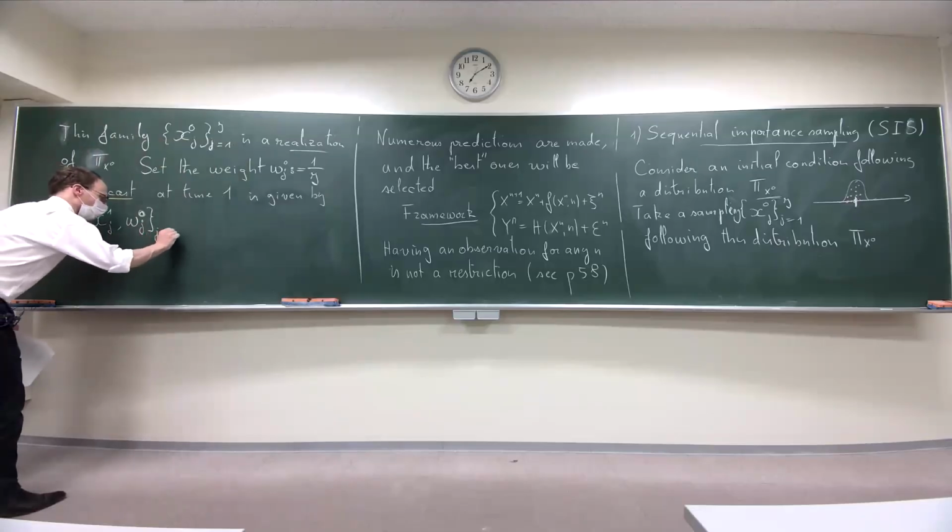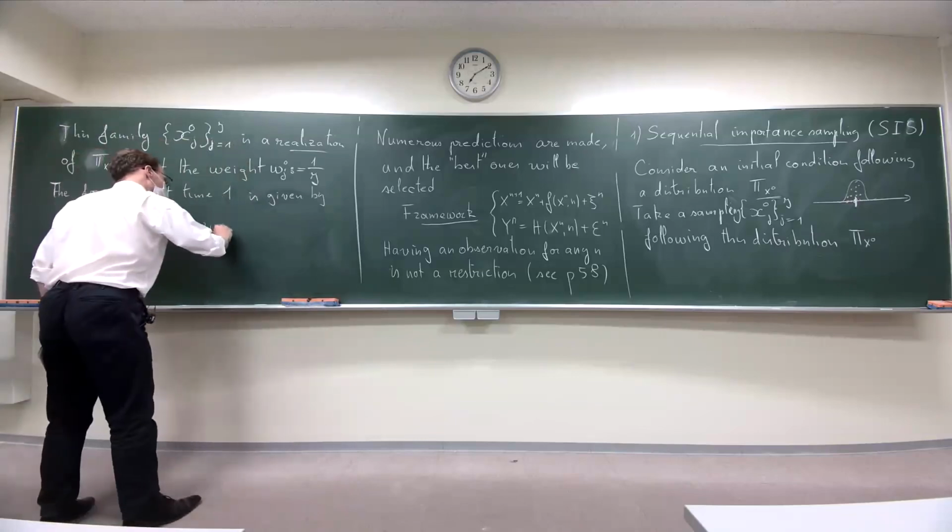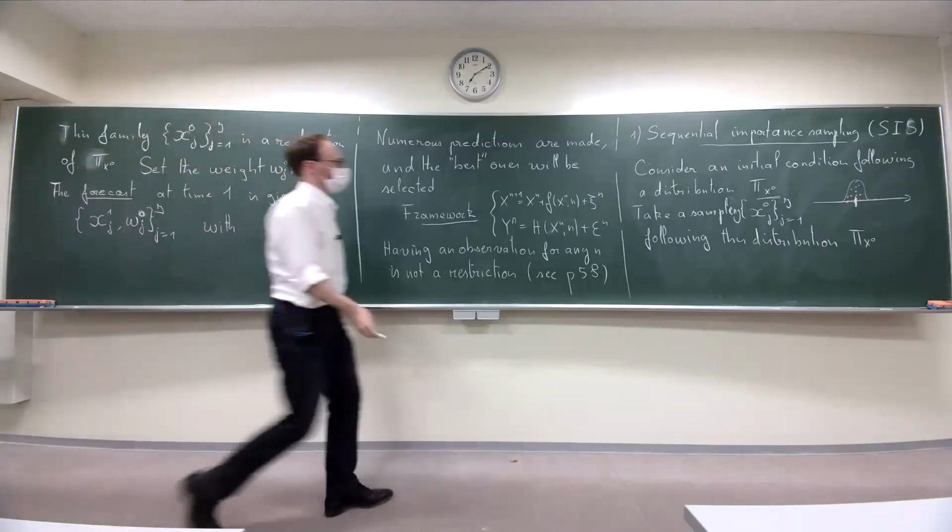And who is x1^j? It's just the evolution of x0^j by this.